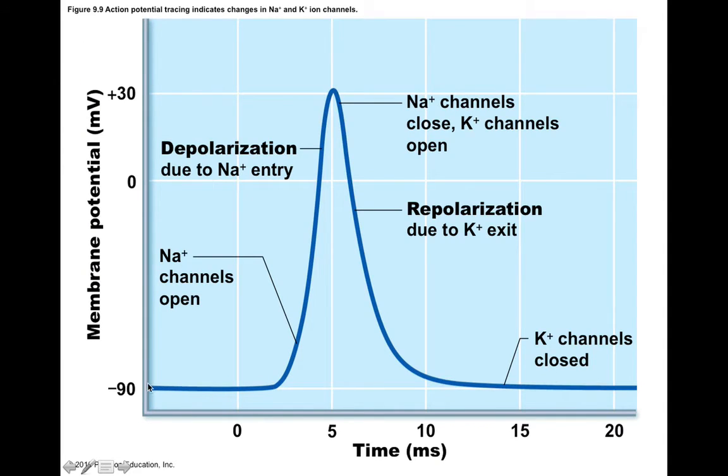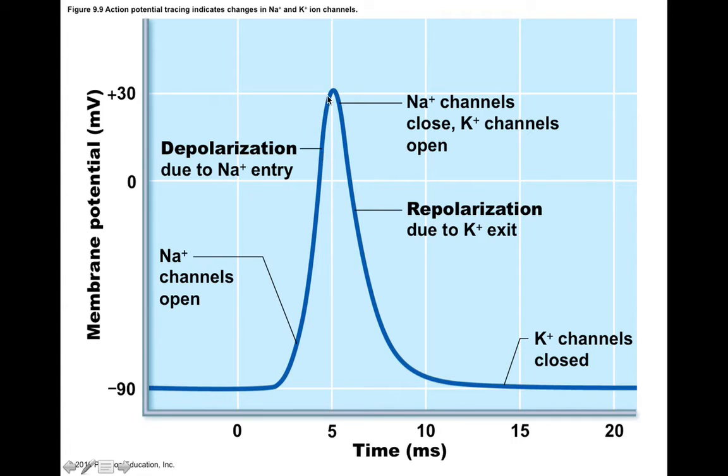So this is showing the voltage trace of an action potential. If you can record the voltage changes or electrical changes of a muscle cell over time, you'd find that resting voltage is around negative 90 millivolts, and that once an action potential occurs, these voltage-gated sodium channels open up, sodium rushes into the cell, and makes the inside of the cell more positive due to an entry of positively charged ions.